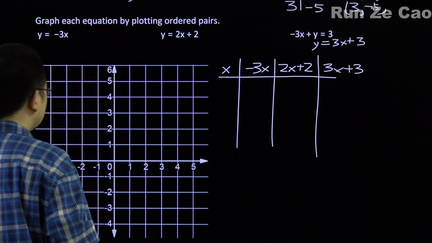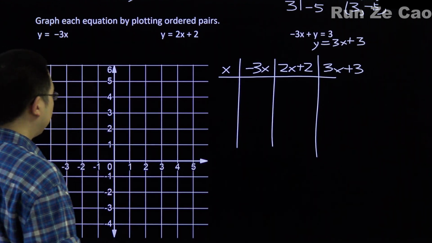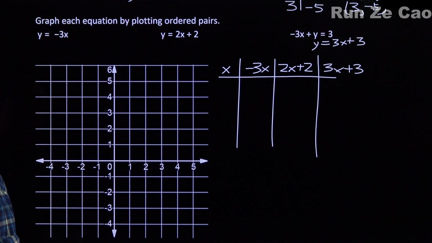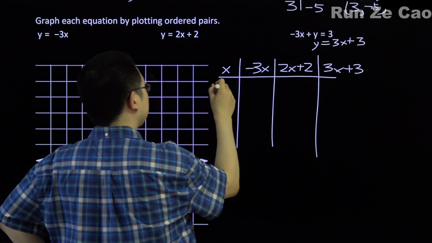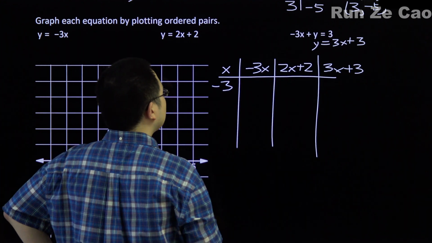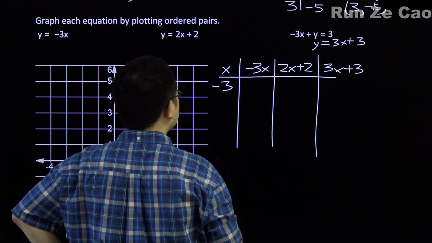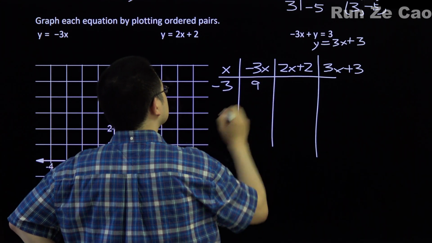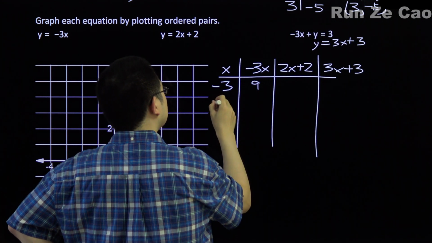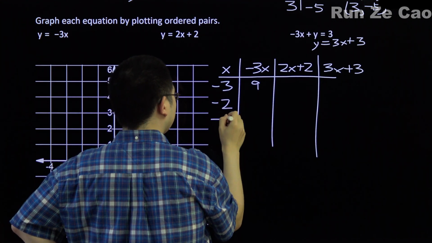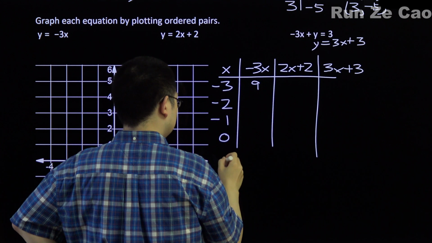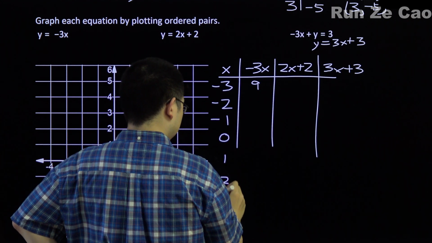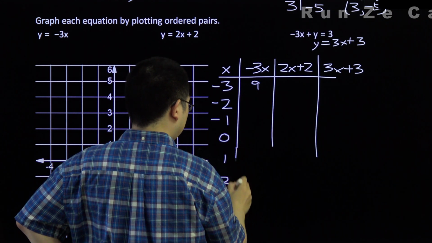And if we don't want to go way too far off base, we're probably going to be starting around say -3. Okay, -3. For -3x, that's going to be 9. So way out to lunch. -2, -1, 0, 1, 2, and 3. You actually don't need this many points.